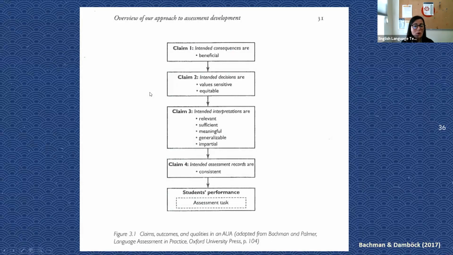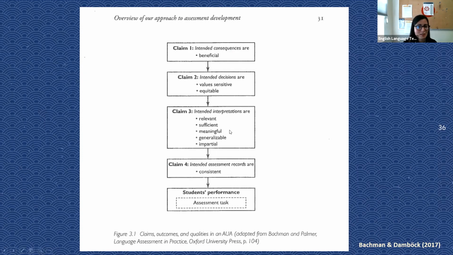Well, when you're developing your tasks, your items, then you have to think from the top to the bottom, right? If you're thinking about assessment use. So when you're thinking about developing something, you have to argue, okay, the consequences of this task will be beneficial, right? My decisions that I'm going to make here are not going to be impartial.